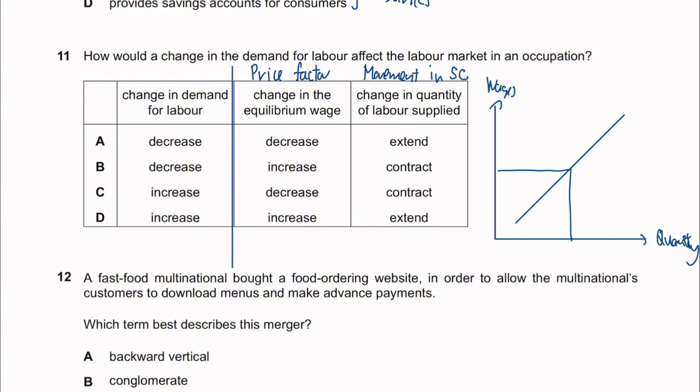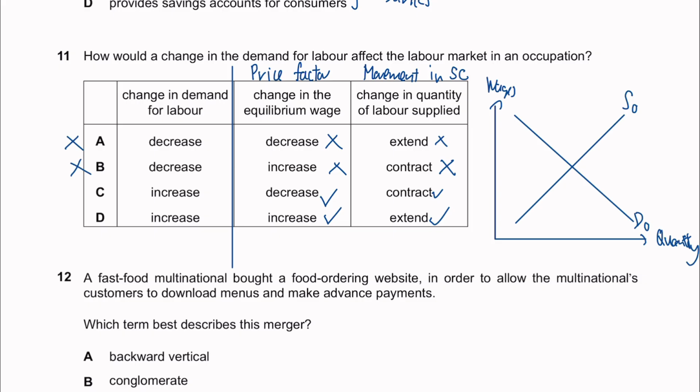When your wages decrease, your quantity supplied will contract. So essentially these two answers are not correct, because when there's a decrease, there should be a contraction in quantity supplied. So this one is correct. This is the first thing that we determine, so we can already eliminate A and B.